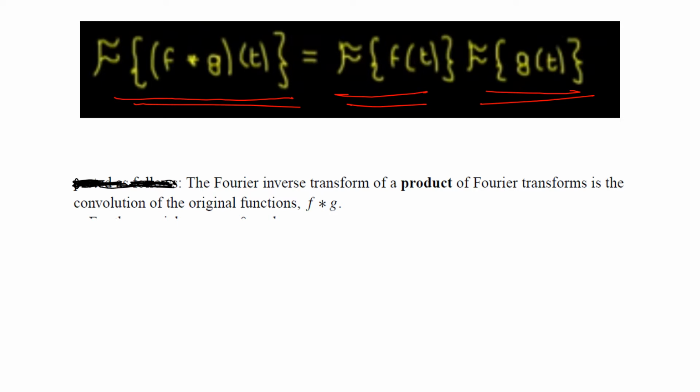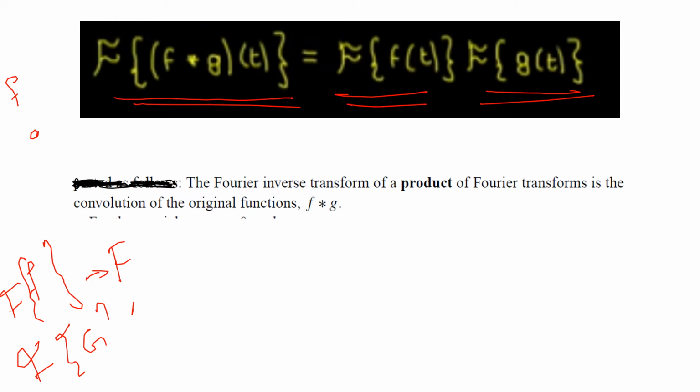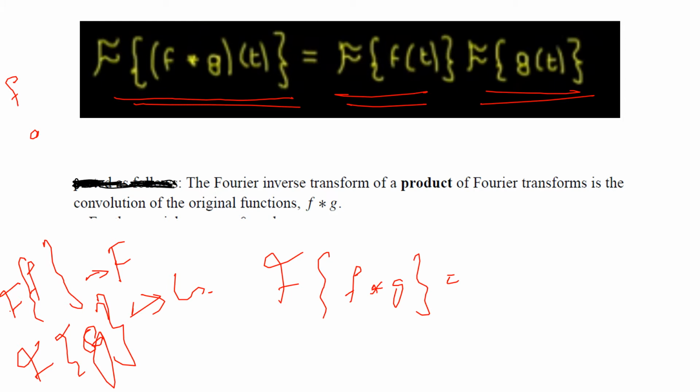So now we have the functions f and g. The Fourier transform of small f is capital F, and the Fourier transform of small g function is capital G. What we can write about this theorem is that the Fourier transform of the convolution of the two functions is equal to F times G. What is F?